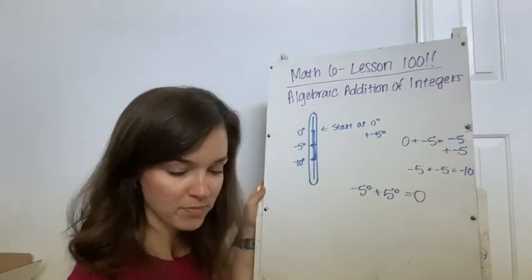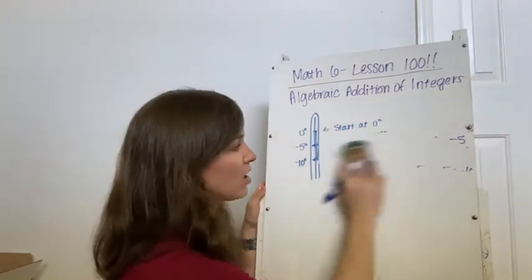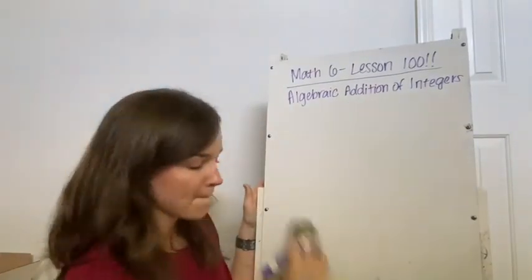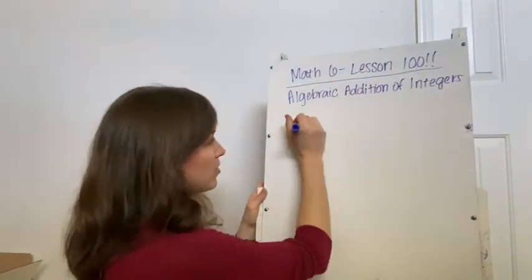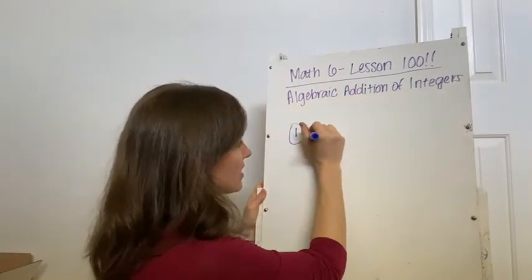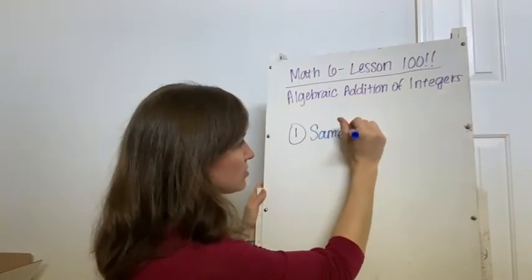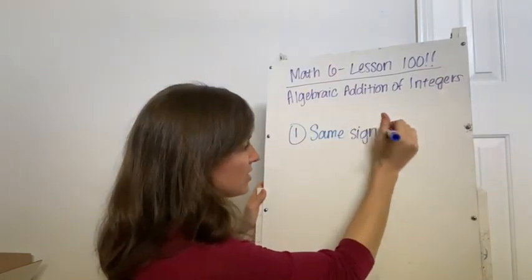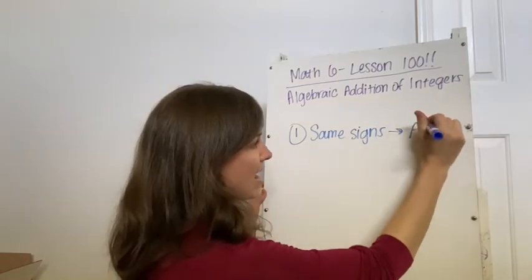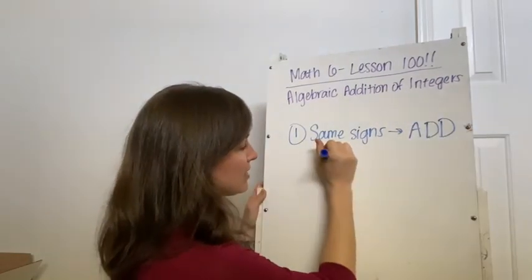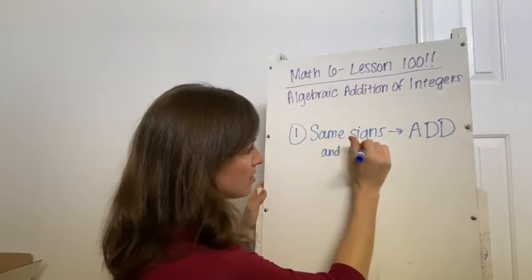Okay, so from those two concepts is where we get our rules. There's two main rules that I want you to remember, okay? If the signs are the same, so same signs, you add and keep the sign.